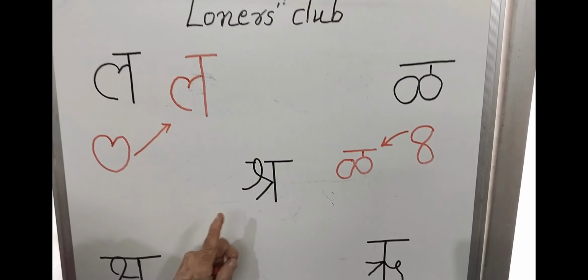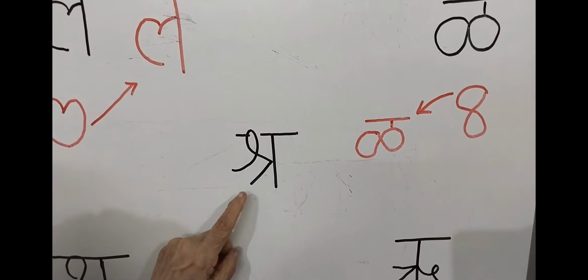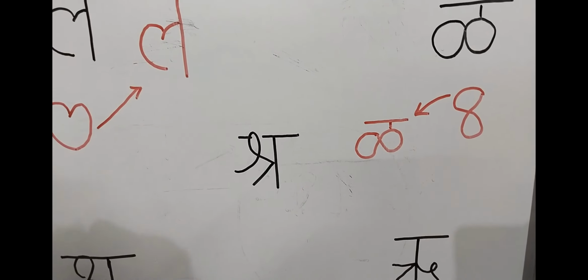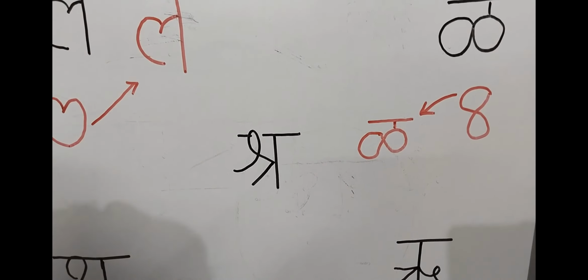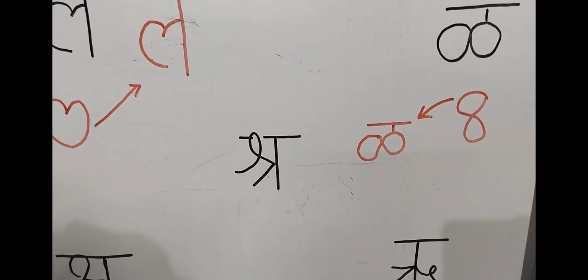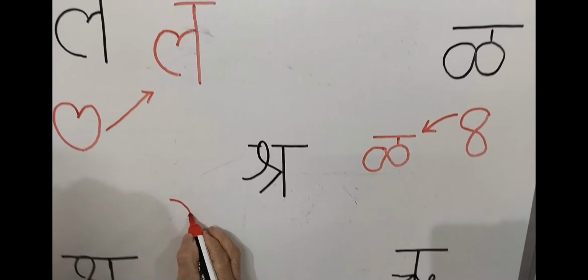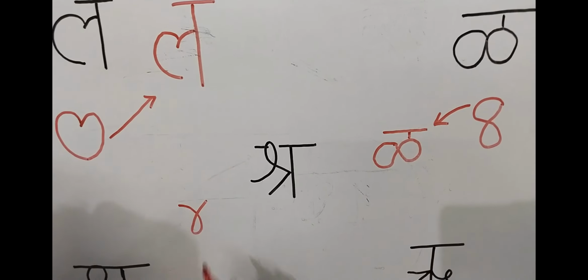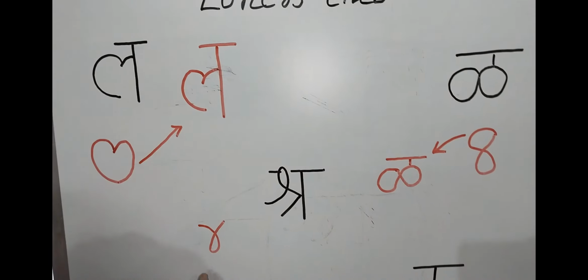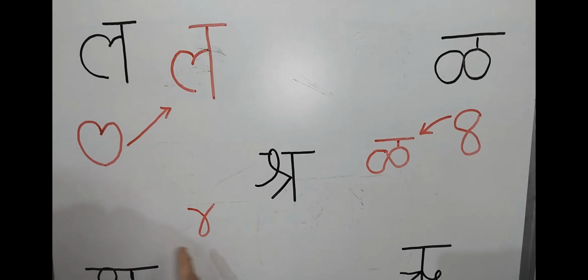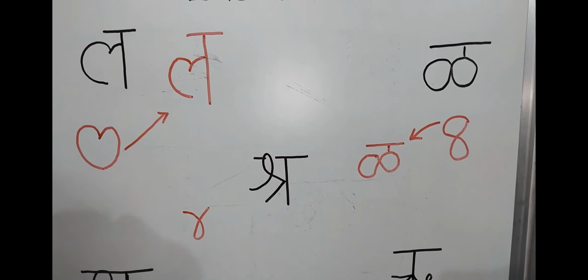Now friends, we will be seeing how this Shra can be written. Though it looks complicated, it is very easy. Do you remember how we write 4 in Marathi or Hindi? This is 4 in Marathi or Hindi.